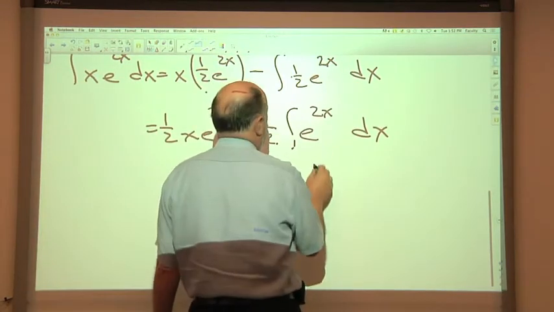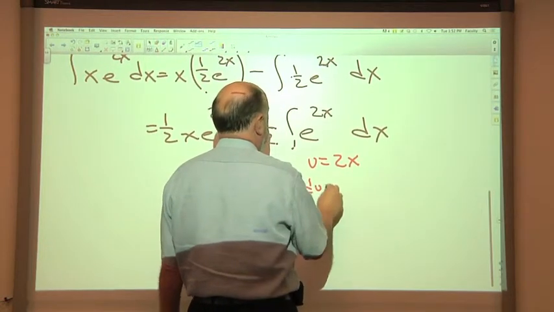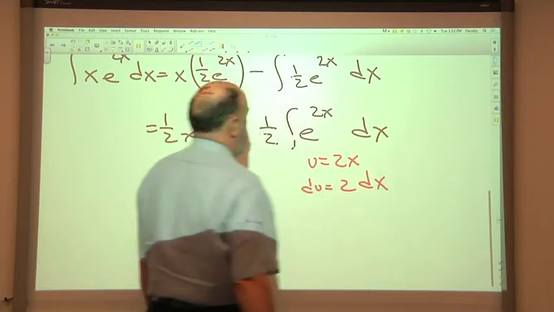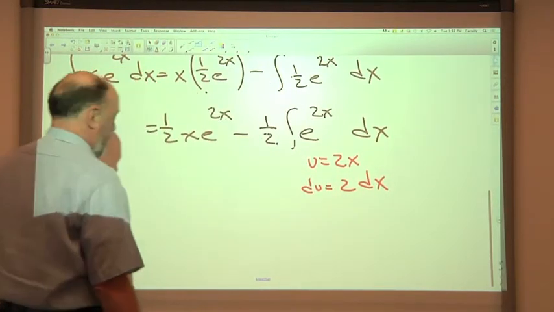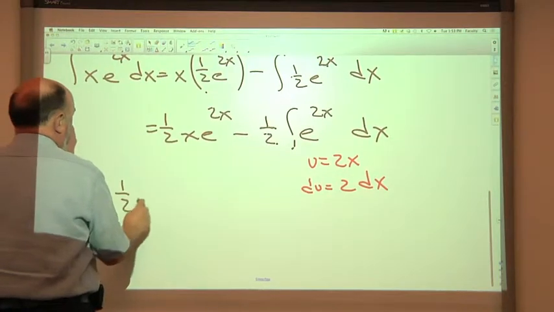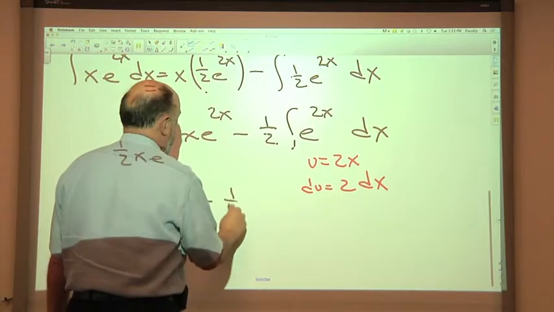We can say that u is going to be 2x, du is going to be 2 dx. And so we have 1/2 x e to the 2x minus 1/2.